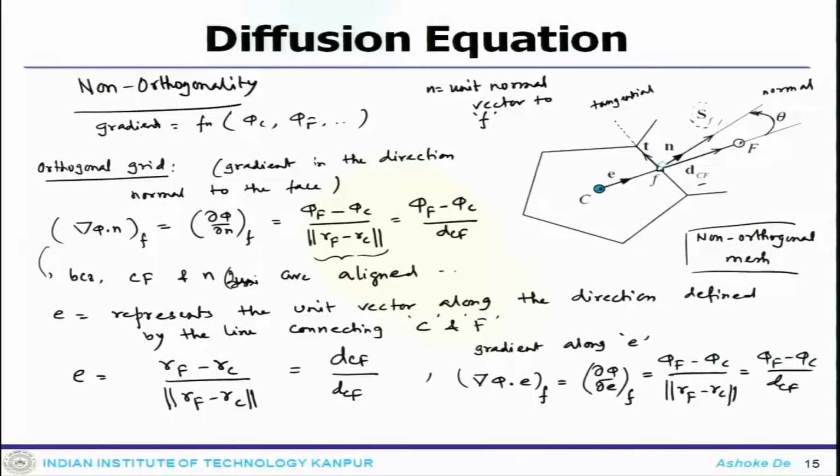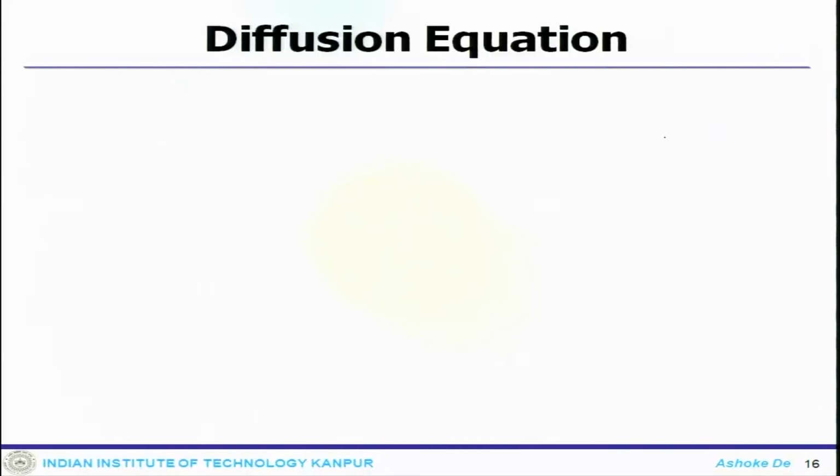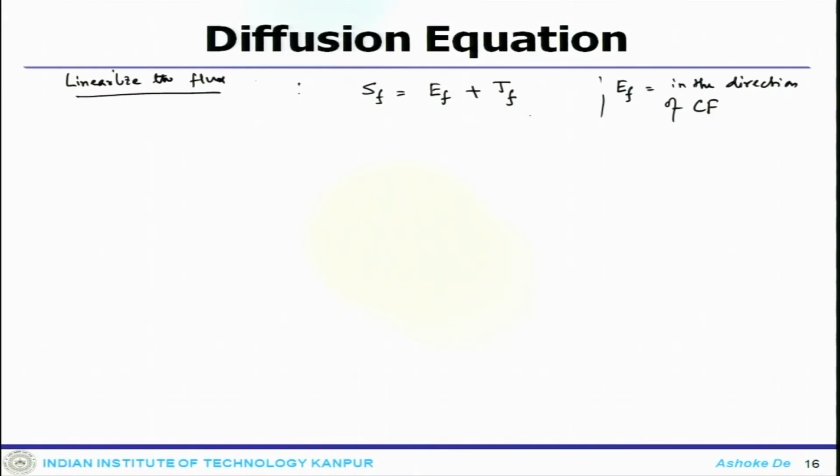If you look at SF, one component will go along this direction, which will be a cos theta component, and the other one will go along the tangential direction, which will be the sin theta component. So, there are two components.